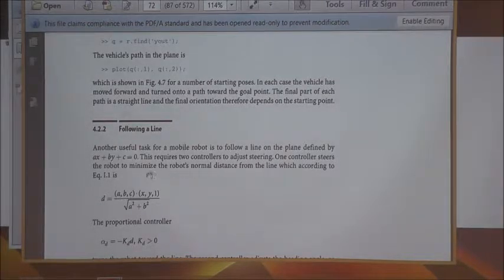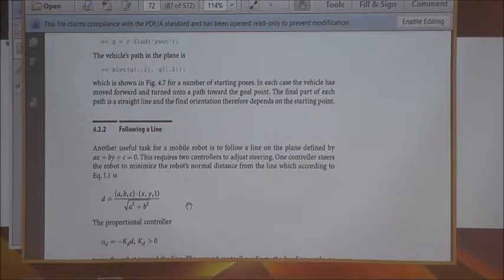One controller steers the robot to minimize the robot's normal distance from the line, which according to equation I.1 is given by this. So the distance from the current position of the robot, normally to the line, is given by this equation.